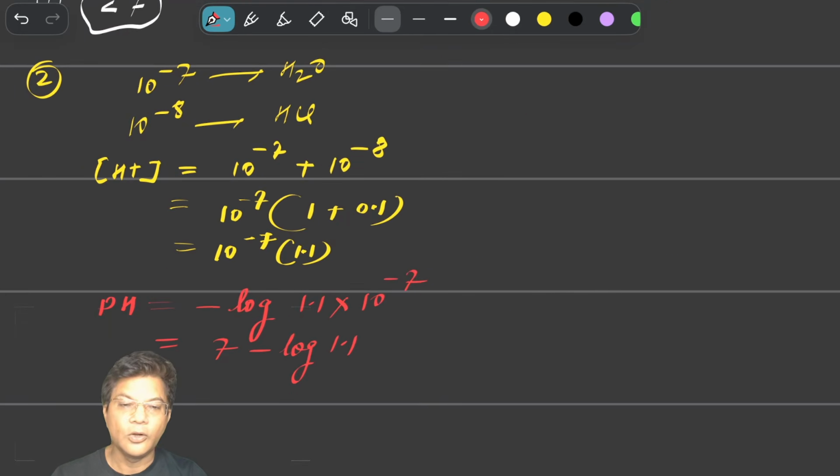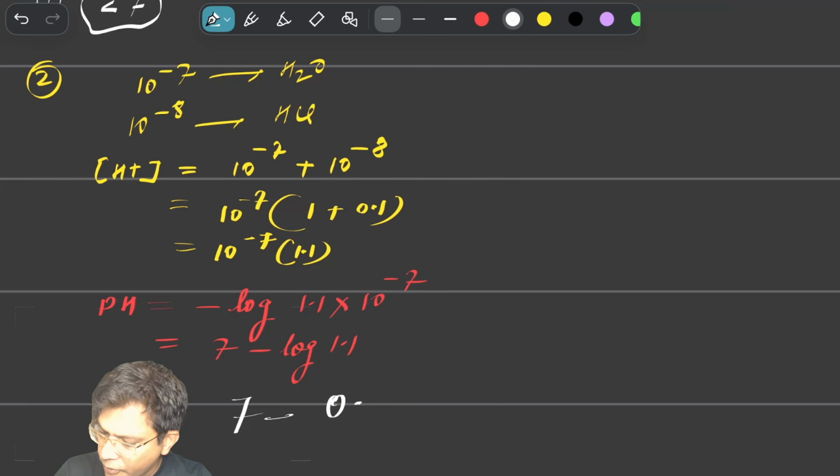We know log 1 is 0 and log 2 is 0.3010, so log 1.1 is something more than 0. Something more than 0 subtracted from 7 will become 6.9 something. If you directly want to know, log 1.1 is 0.04.